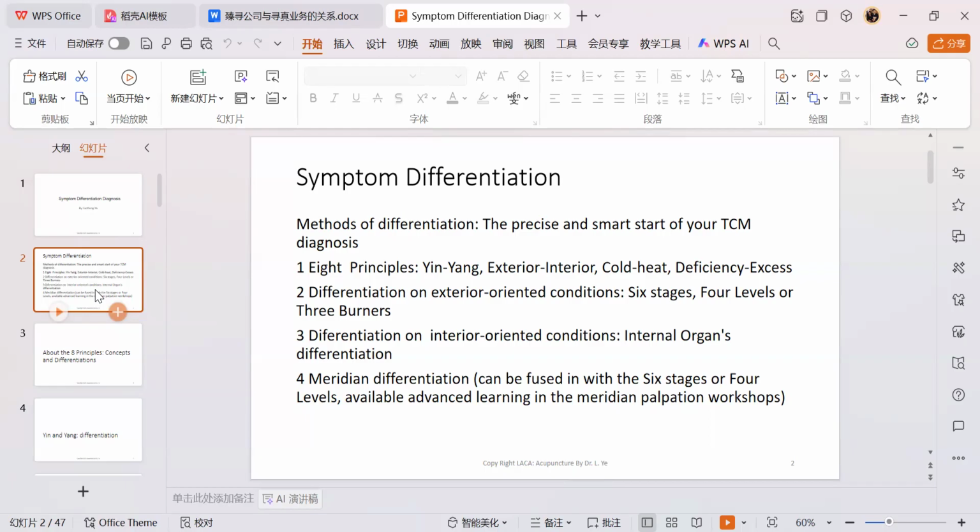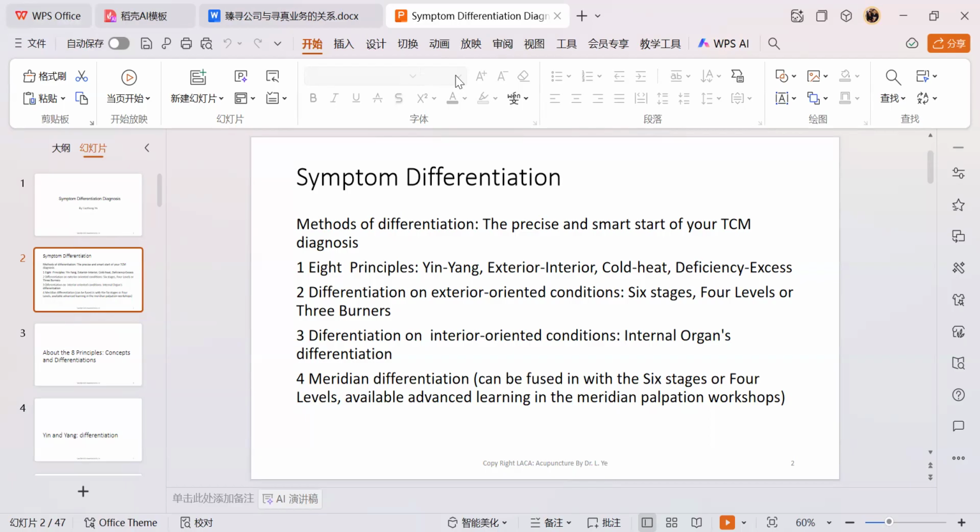The usual idea is that where there's a pain, there's a blockage. So where there is a sharper pain, that's a more pronounced root of pathology standing there. That's why I started to emphasize more on meridian differentiation.